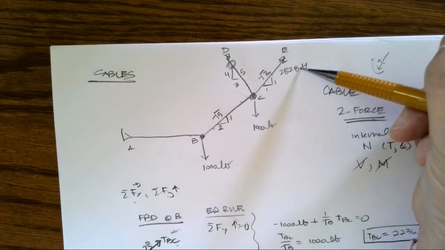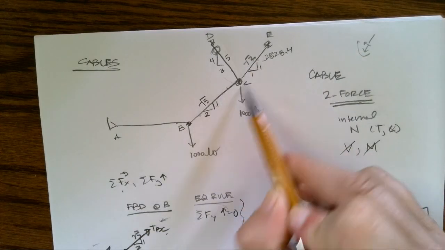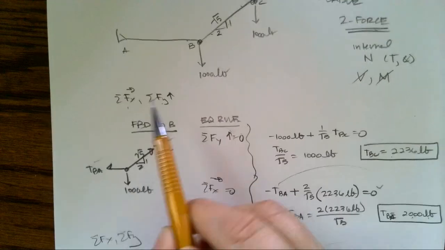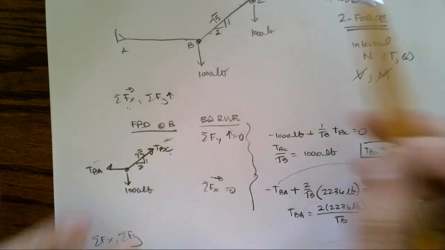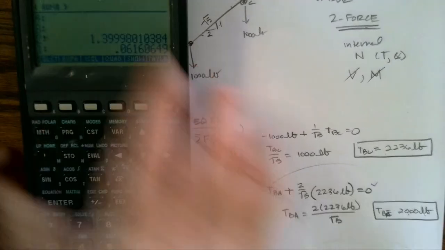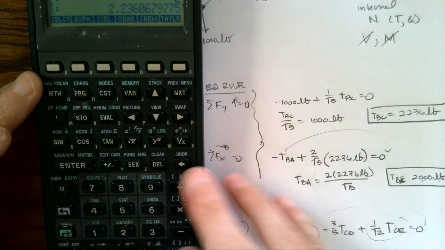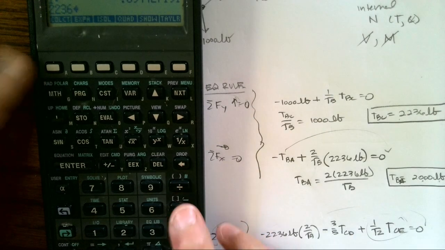And I can go back and check by resumming forces X and Y at C, and I should get a true statement that the sum of the forces X, these values equal 0, and if I sum forces Y. So let's just check the X really quick. Summing forces X, I have 2 over root 5 times 2236, and that is negative.